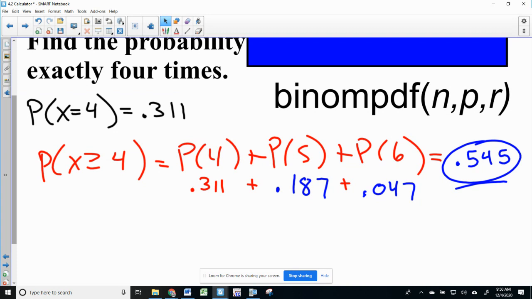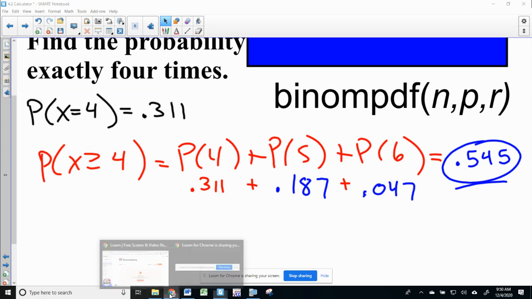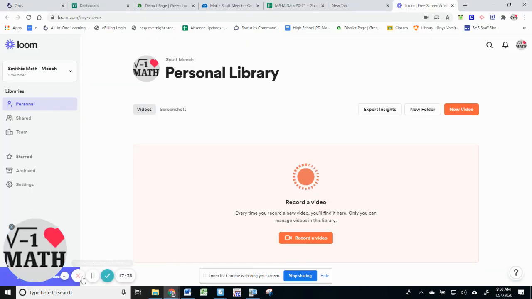I need to stop recording though. Because what else would a 2-sided die be? A 2-sided die.